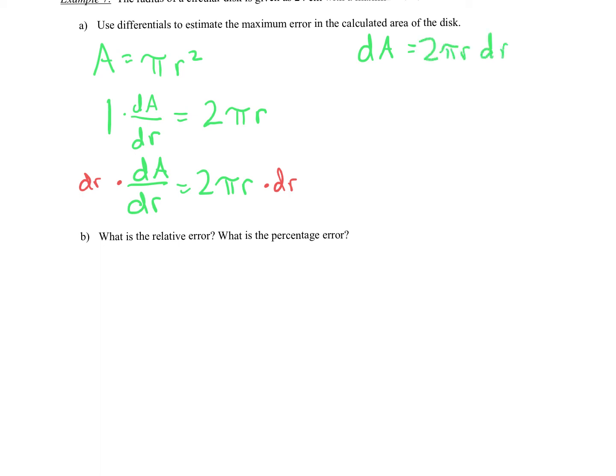Okay, and they gave us the radius here, so we can go ahead and plug that in. And they gave us the error, the difference that's allowed, right? The maximum amount of error.